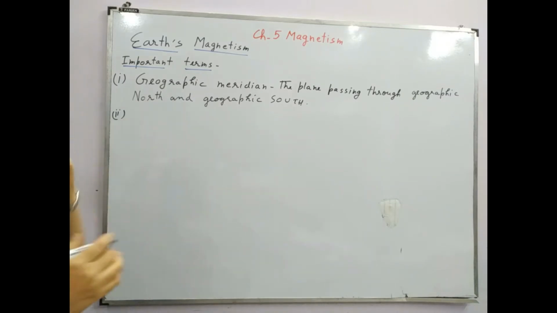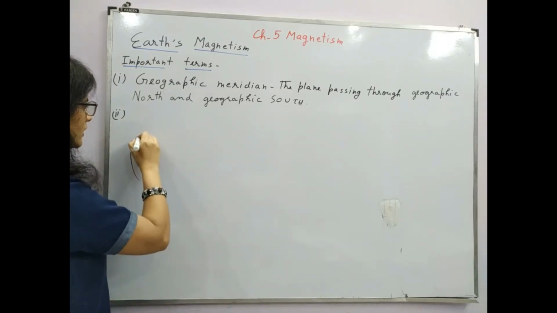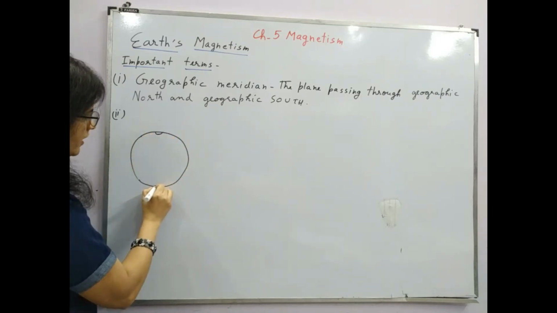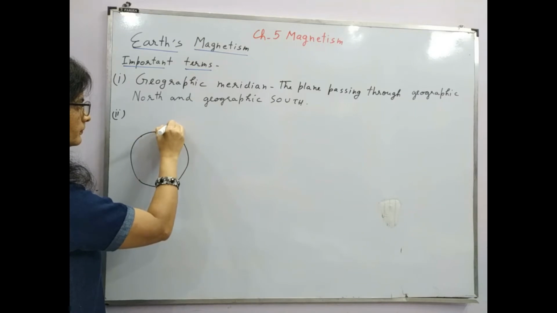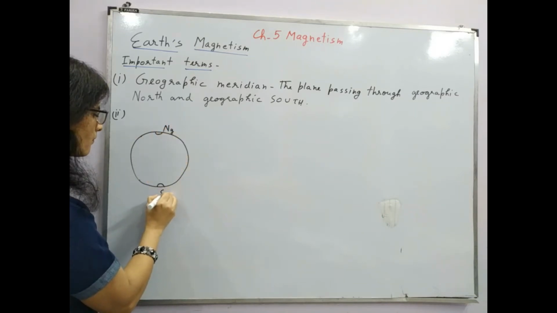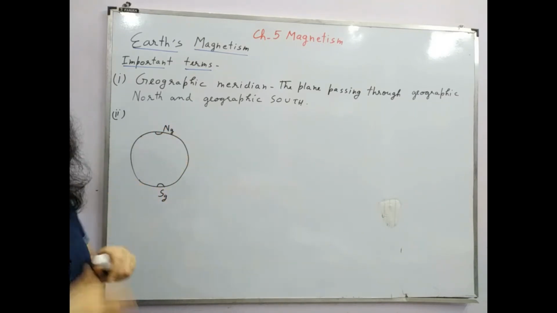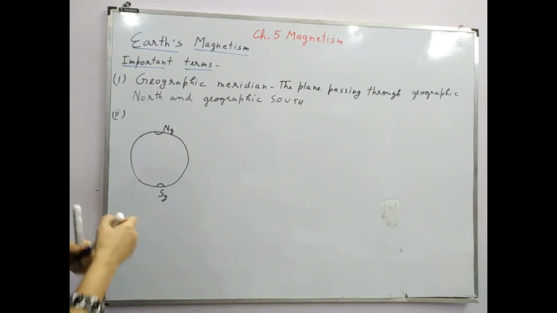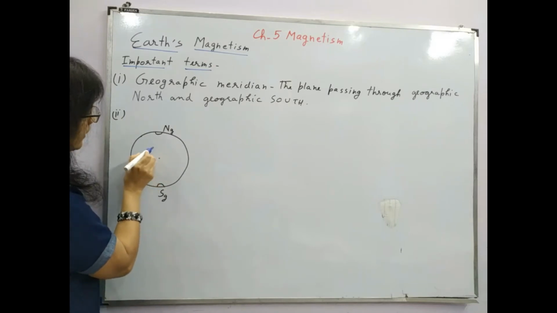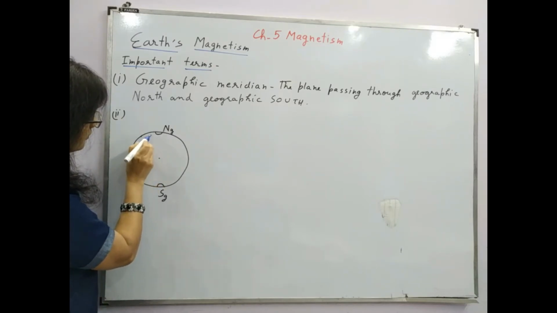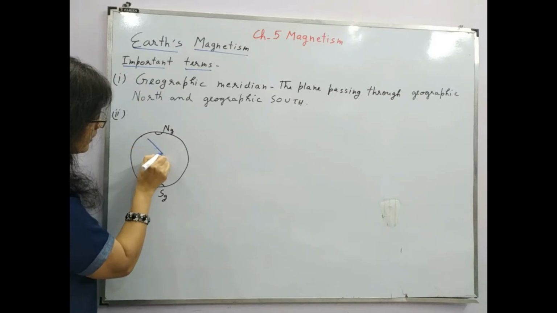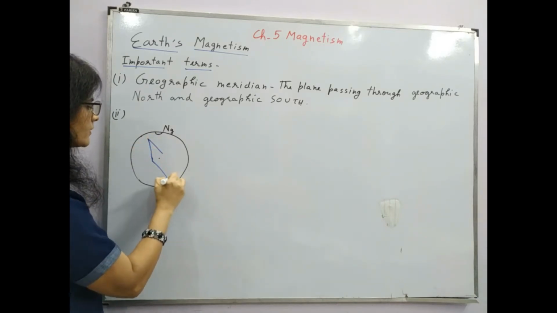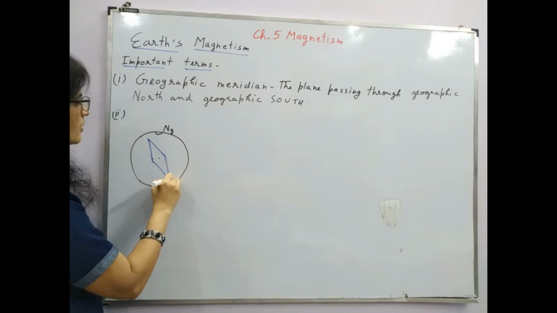If this is your Earth, this is your geographic north and geographic south, then whenever we place a magnetic compass needle, it rests slightly at some angle with this north and south pole.